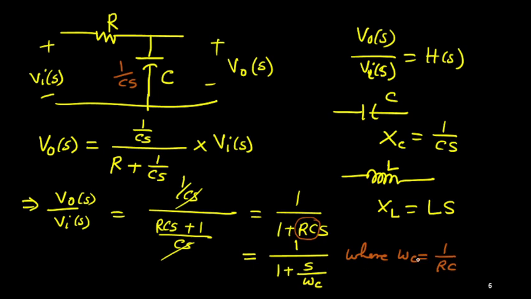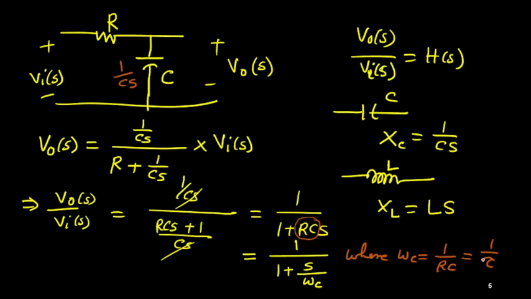That's how omega c is the reciprocal of RC. Okay. And what is RC? RC is your time constant of the circuit. So if it is first order, this omega c becomes the cutoff frequency, which is the reciprocal of the time constant. That is very easy to calculate the cutoff frequency of a first order circuit.